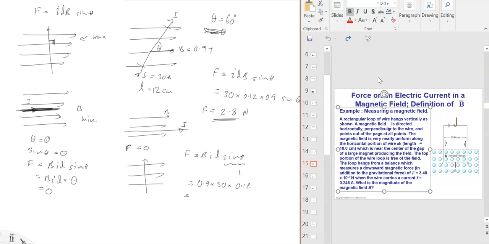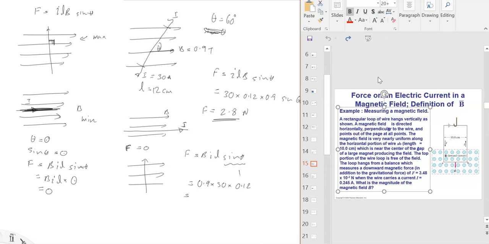So you see these little blue circles with the dot inside telling there's a uniform magnetic field coming out from the board towards you, coming out from the computer screen towards you. And there's a loop of wire in it. You see the current is flowing in this loop in a counterclockwise direction.